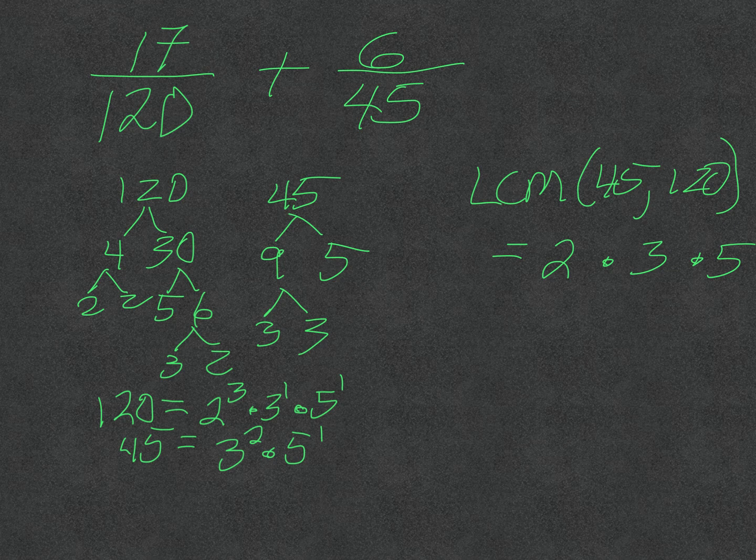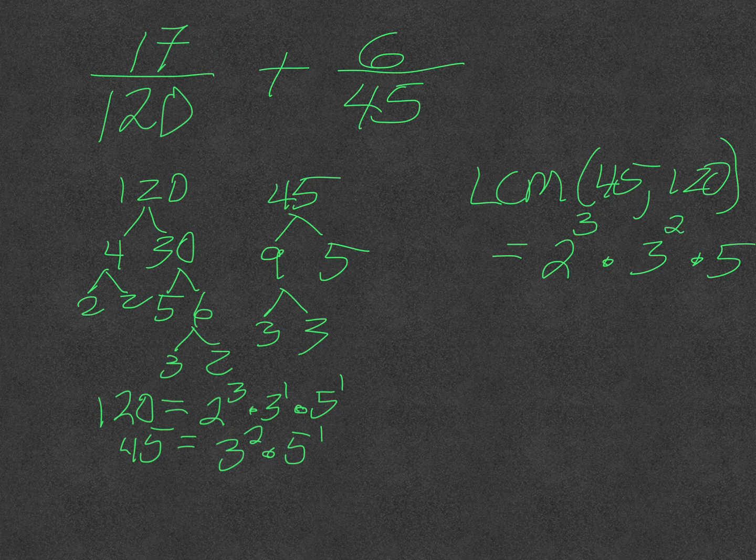Then you choose the largest exponent of each one that appears. On the 2, we have a 2 cubed in the 120, and essentially 2 to the 0 power in the 45, so we choose the largest exponent, 2 cubed. Then we have 3 to the first and 3 squared, so we choose 3 squared.